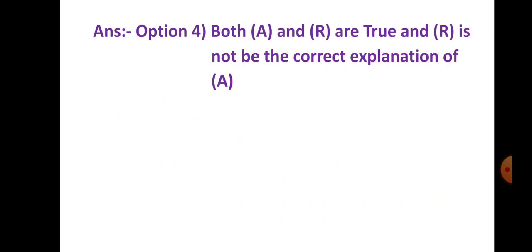And here answer is option number 4. Both A and R are true and R is not the correct explanation of A. So in assertion and reasoning questions, no need to mention format of the question, directly mention the answer. And here answer is option number 4.